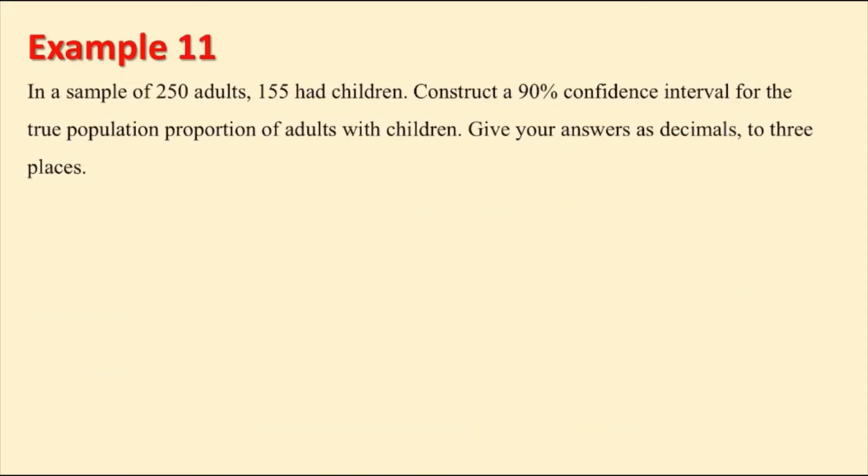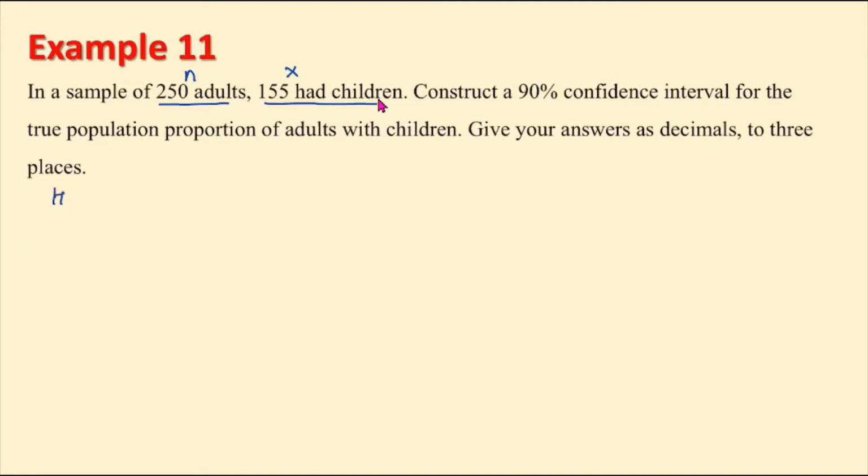So let's find out what is in example 11. In a sample of 250 adults, 155 had children. The total number here is n, and out of this n, we have 155 with children.